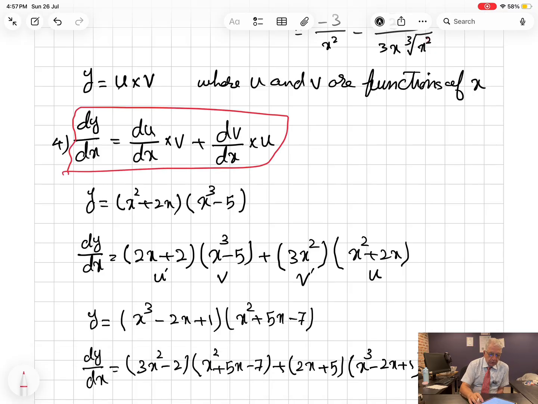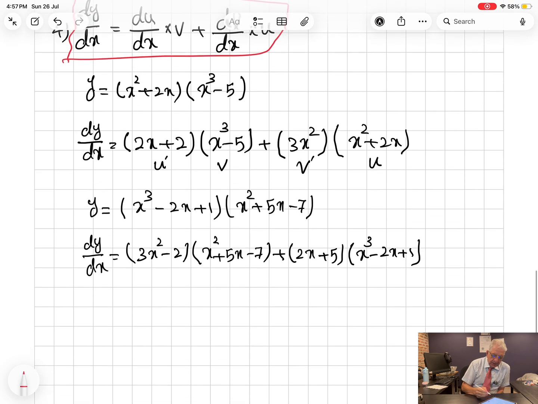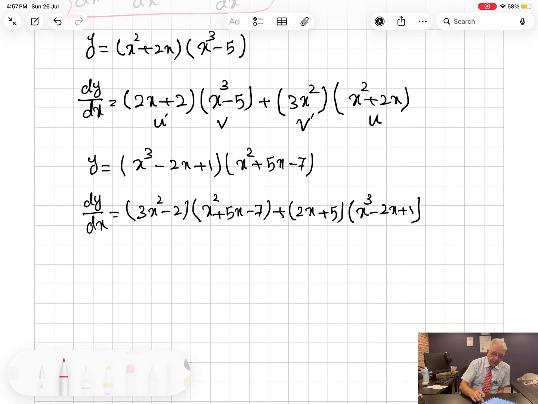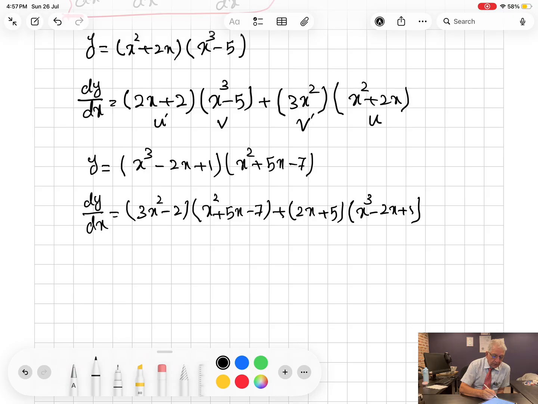Now let's try to do the last rule here, and that is if you are having quotient.